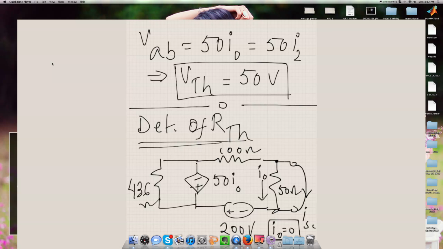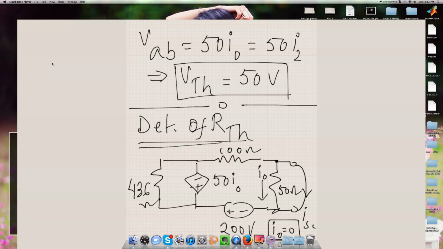If this I naught equals 0, what do you think is going to happen to the diamond that has a 50 I naught? It has no output, meaning the current dependent voltage source in an amount of 50 times 0, that's 0 voltage, means it is just like a shorted path. So we are looking at a parallel combination of 436 ohm and a shorted path, okay?